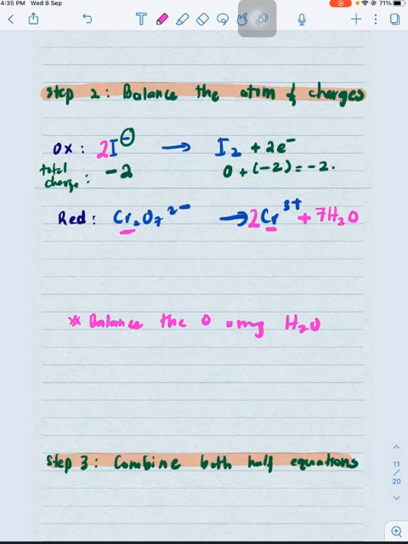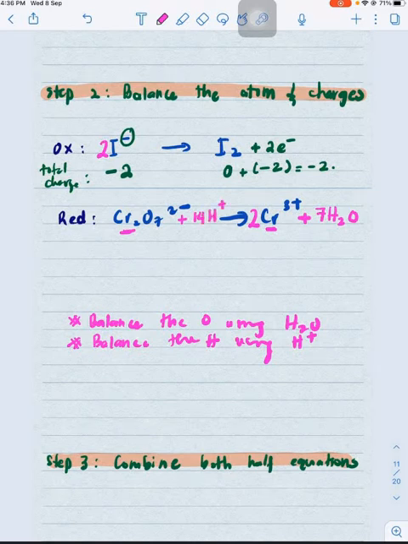So on the right side kita ada berapa hydrogen? 14 kan? So sekarang kita akan balance the hydrogen using apa? Hydrogen ion. H+. Betul. So berapa mol kita kena tambah kat sini? 14 H+. Okay, very good. Okay. So sekarang dari segi atoms dah balance dah, chromium selesai, oxygen selesai, hydrogen pun selesai.